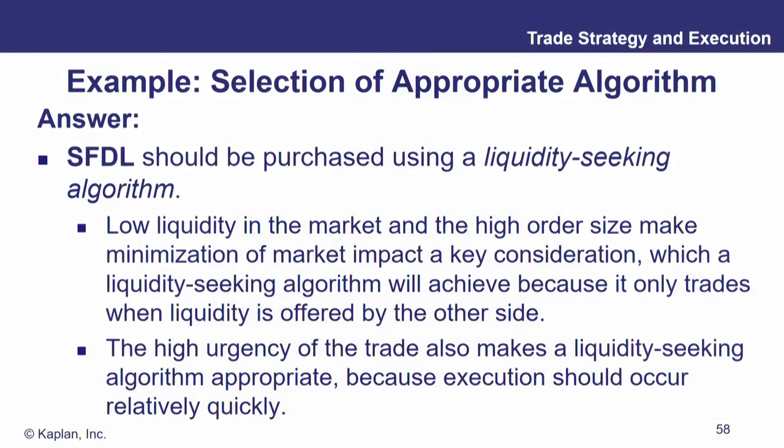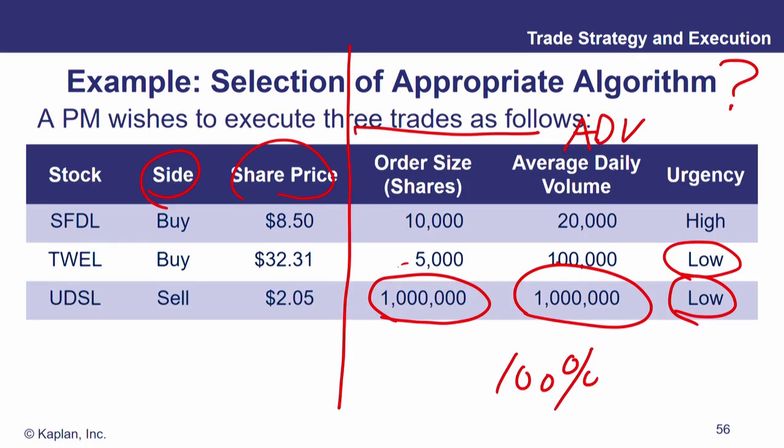Okay, so SFDL. We're going to say that they should be purchased using a liquidity-seeking algorithm. Remember when we went back, this is half the average daily volume, and we have an urgent request. So basically, we're going to use this liquidity-seeking algorithm. So we've got low liquidity in the market.